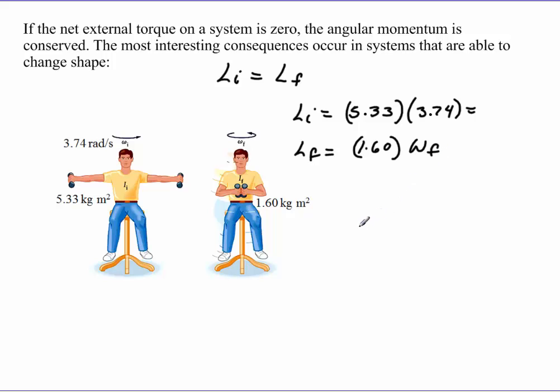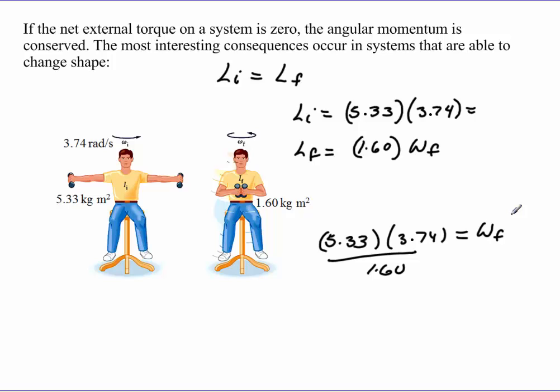Okay? So when I just do, someone can run this number, please. 5.33 times 3.74 divided by 1.60. Doesn't that give me my final one? Let me see if I got my notes on this too, so I could save you guys a little time. Yeah, actually I do.